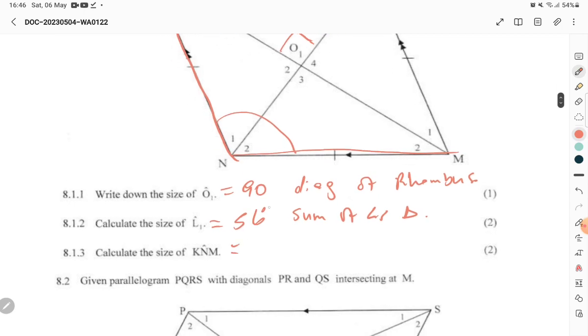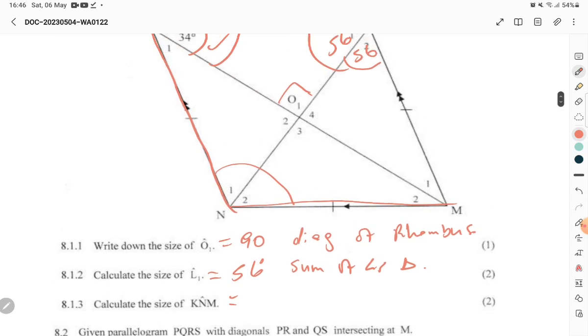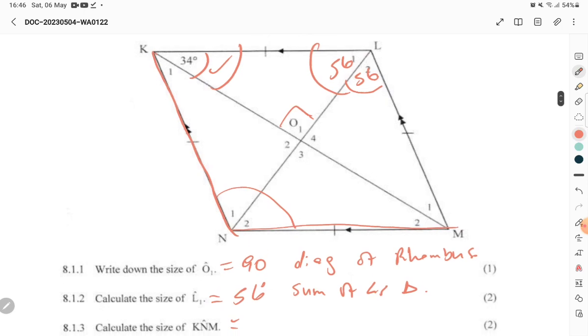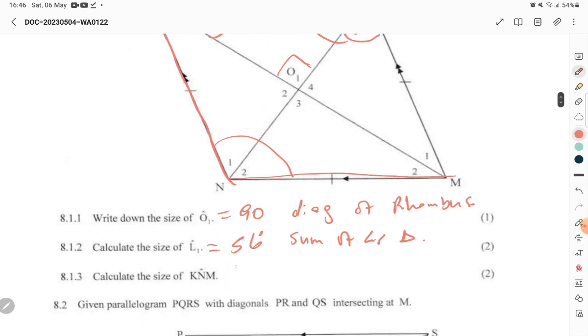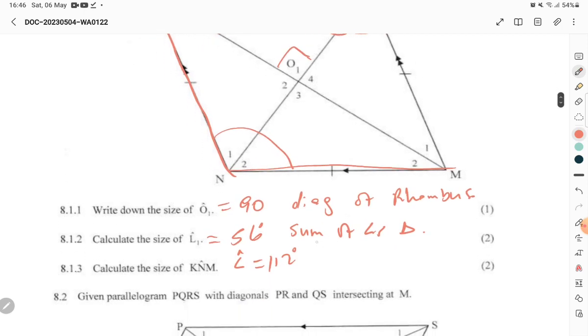So now what do we have? Angle L. First of all, we can say angle L is equal to 112 degrees, and the reason is diagonals of a rhombus.